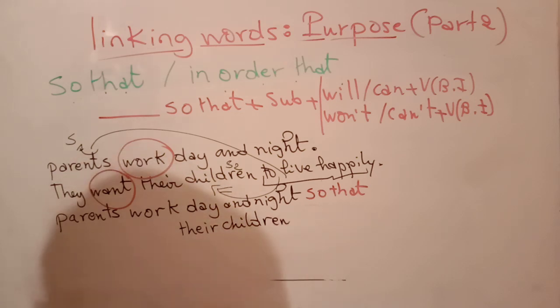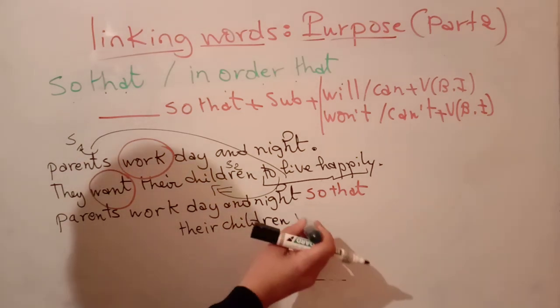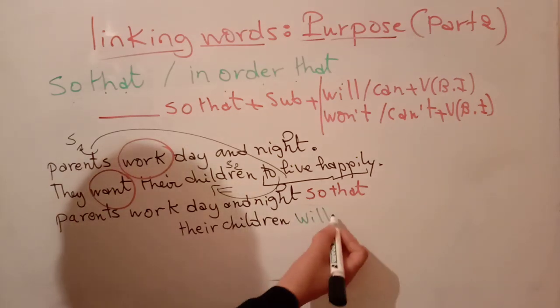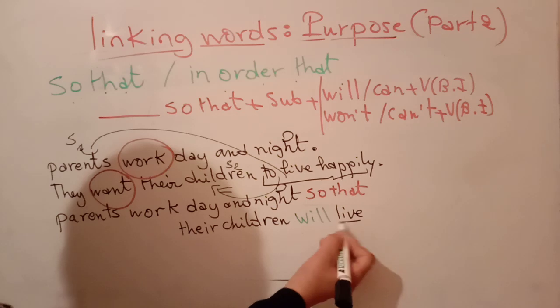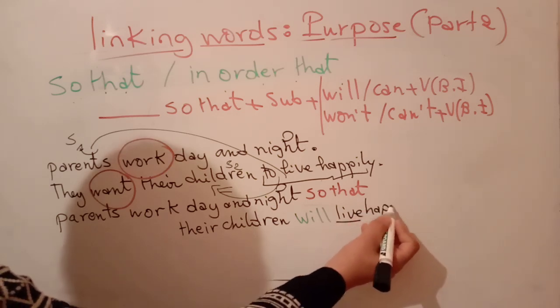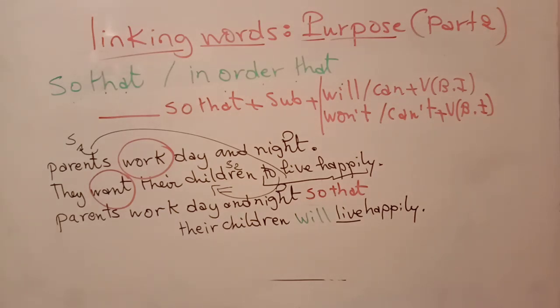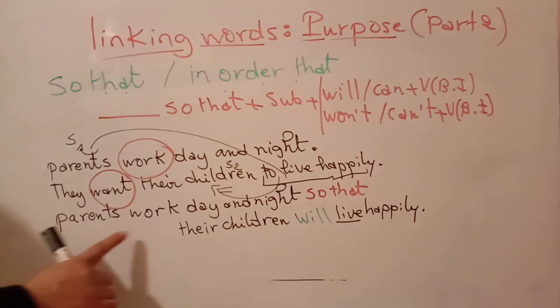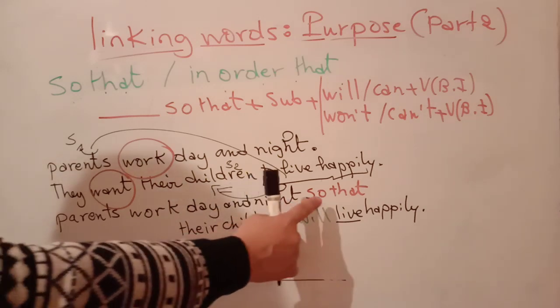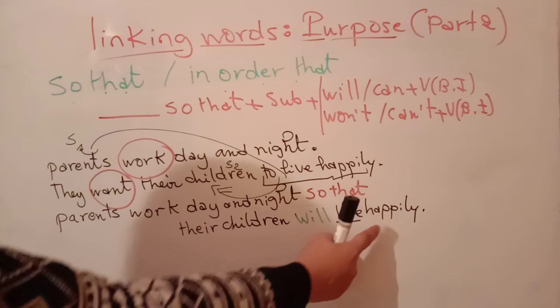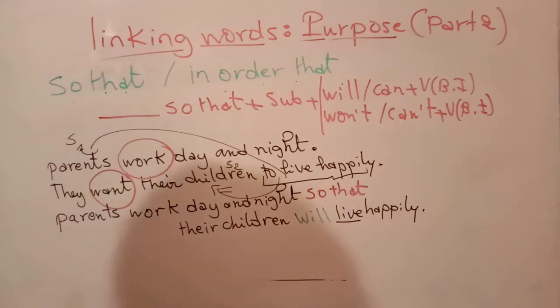Here we are going to use will. So that their children will live, plus verb bare infinitive, will live happily. Is it clear? Good. Parents work day and night so that their children will live happily, or can live happily also, it's meaningful. Right?